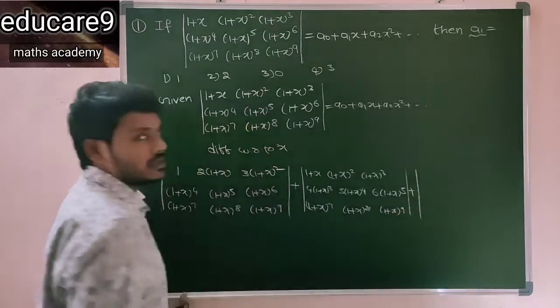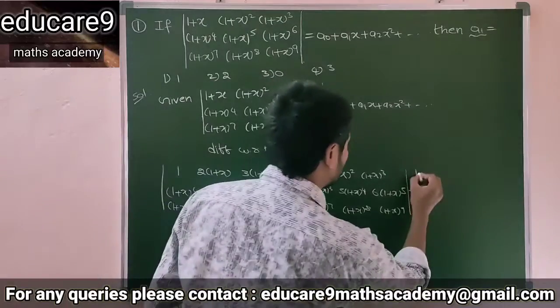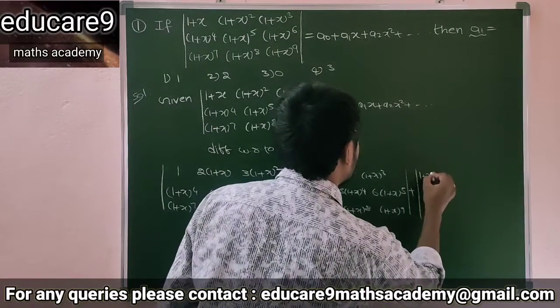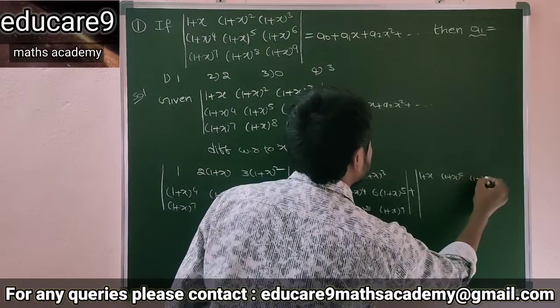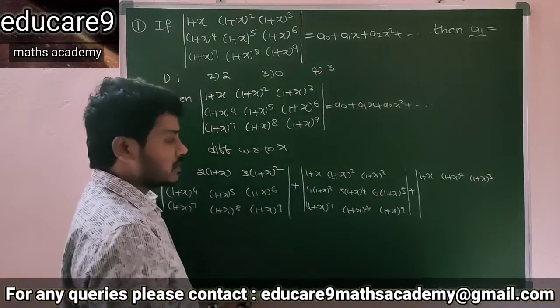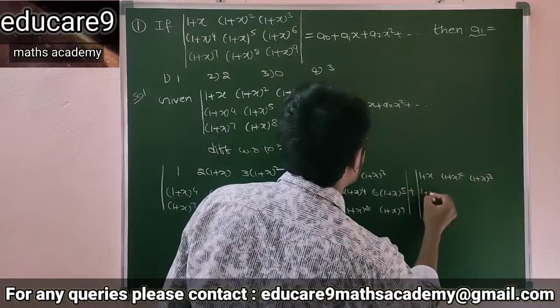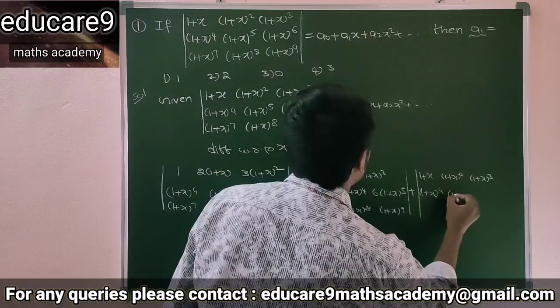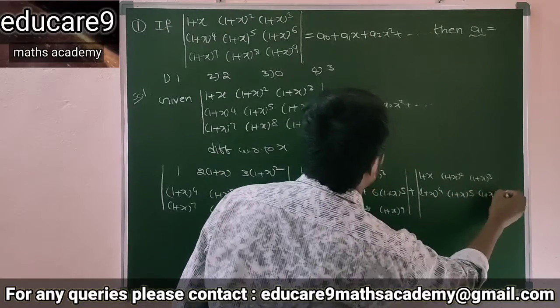Plus the derivative of the third row. Write the first two rows as is: 1 plus x, 1 plus x whole square, 1 plus x whole to the power of 3. Next, the second row: 1 plus x whole to the power of 4, 1 plus x whole to the power of 5, 1 plus x whole to the power of 6.